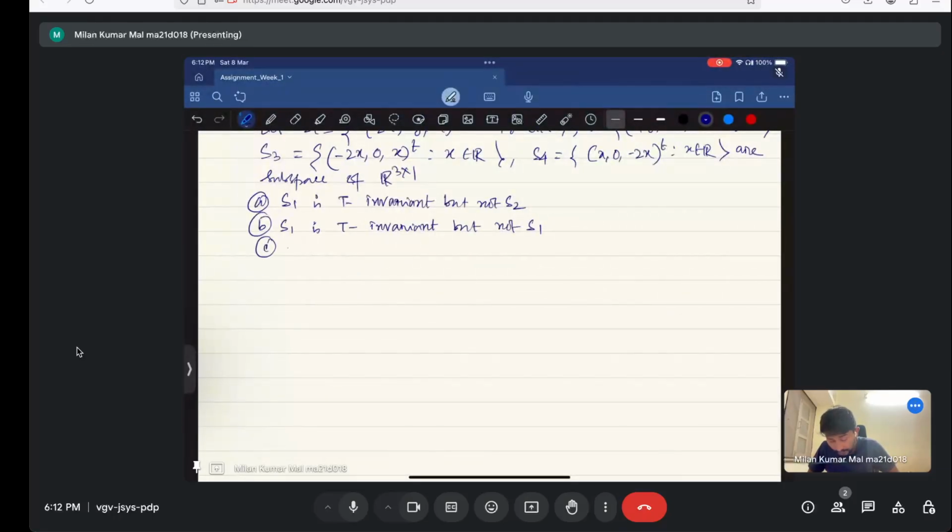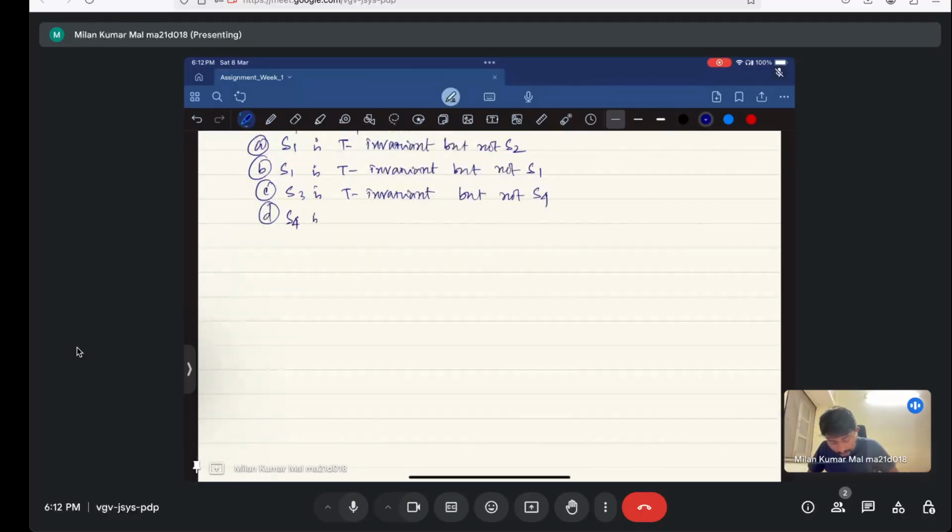Option C: S3 is T invariant but not S4. And option D: S4 is T invariant but not S3. So which of these are correct?